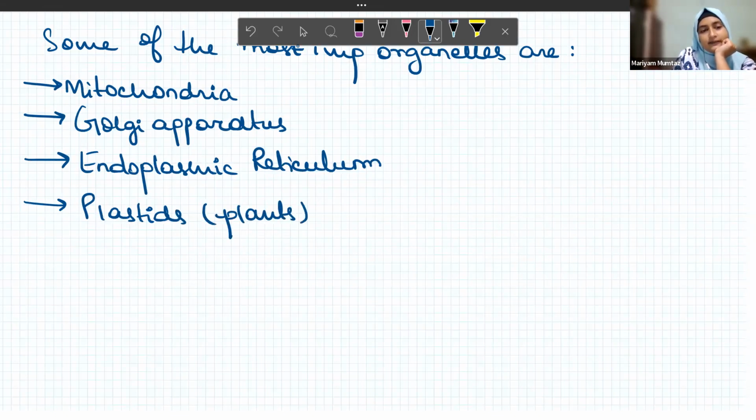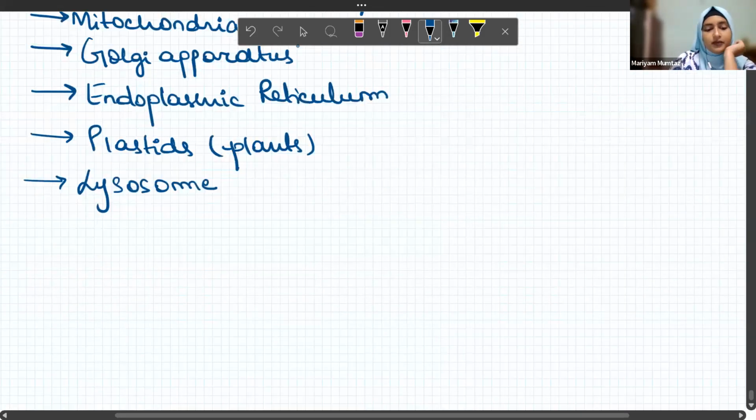Then we have vacuoles. Vacuoles are not among the most important organelles, since animals do not have them but plants do. But there is another organelle known as lysosome, the suicide bags. So they are also very important.